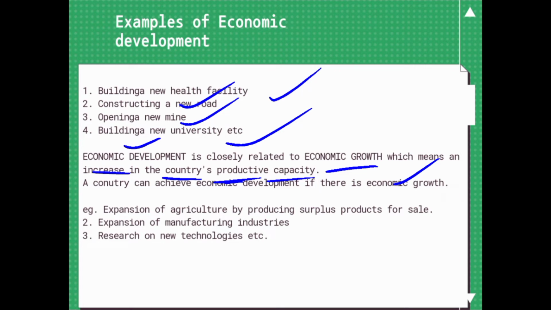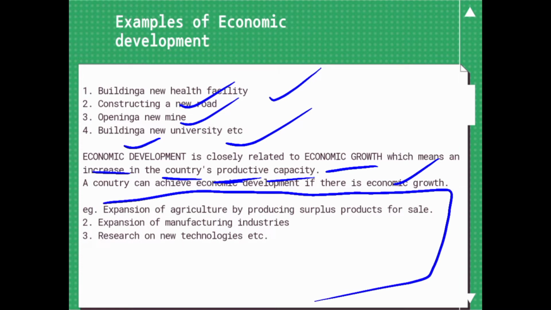Now, how can a country achieve economic growth so that at the end it will achieve economic development? These are some of the things that you need to do as a country. Expansion of agriculture by producing surplus products for sale. Don't just farm the crops just for consumption.